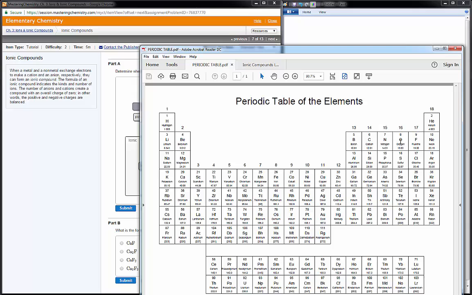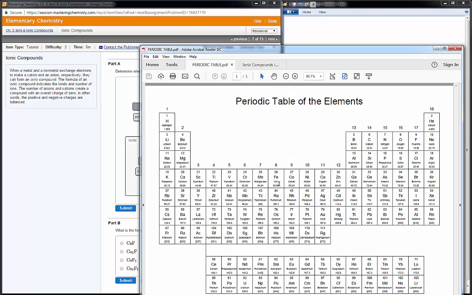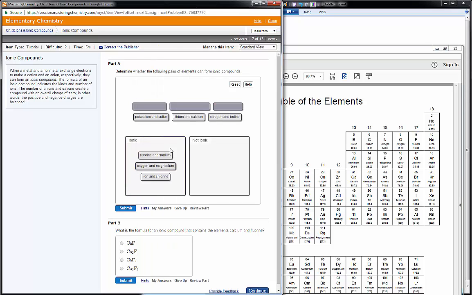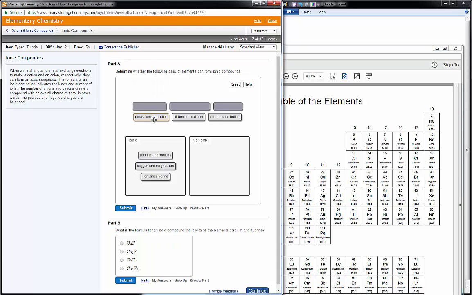Oxygen and magnesium, oxygen is a nonmetal, magnesium is a metal, ionic. Iron and chlorine, iron is a metal, chlorine is a nonmetal, so ionic. Potassium and sulfur, I have potassium, metal, sulfur, nonmetal, so yes, ionic.